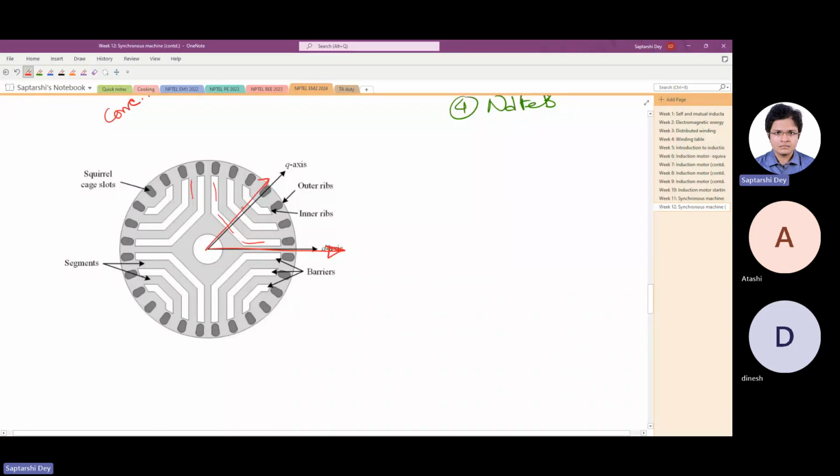So this can be conceptualized as something like this: you have a lot of permeance here and here and here, whereas very little permeance on the other side, right?